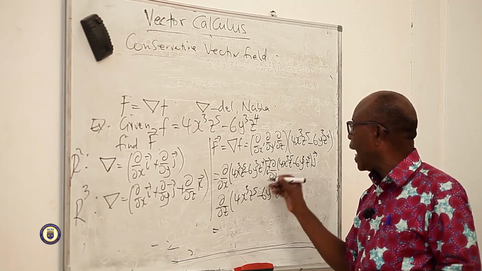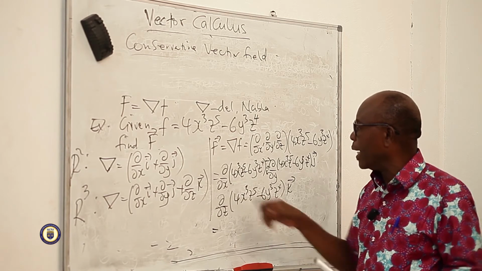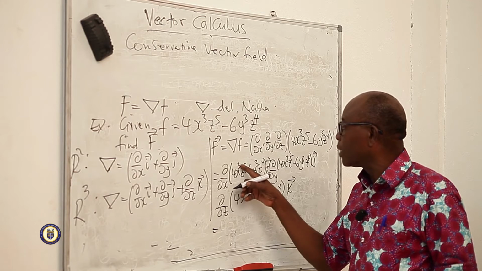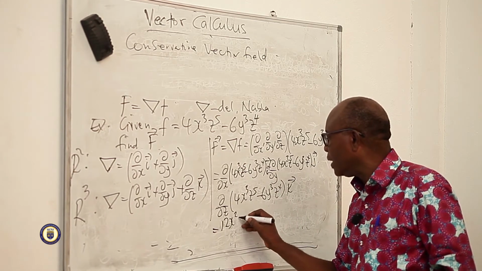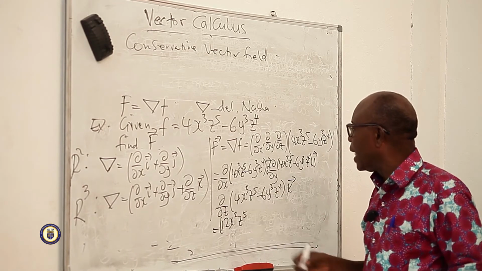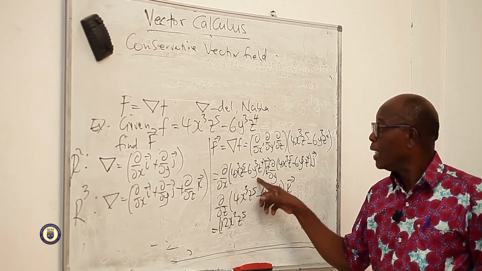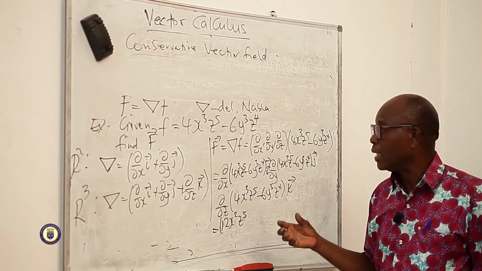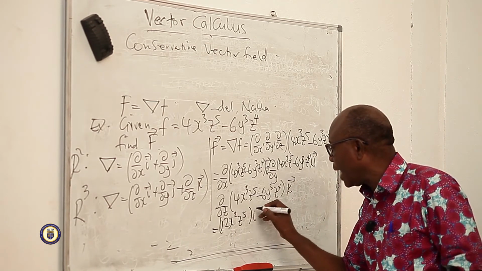For the i direction, if you differentiate this with respect to x, we're going to have 12x squared z to the power 5. Here there is no x term, so 6y cubed z to the power 4 is a constant. If you differentiate a constant, you get 0. That is the i direction.